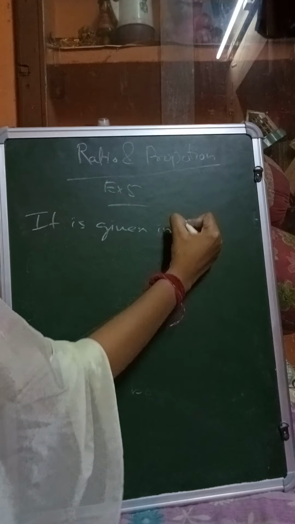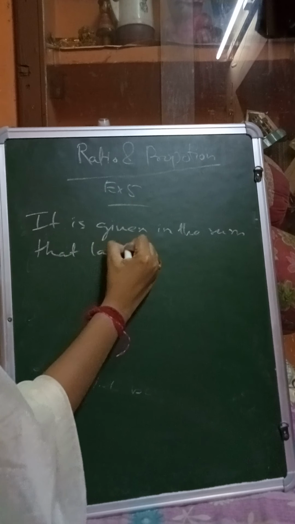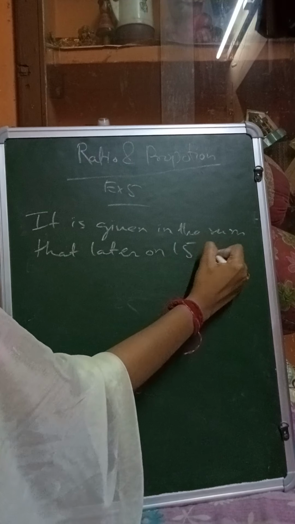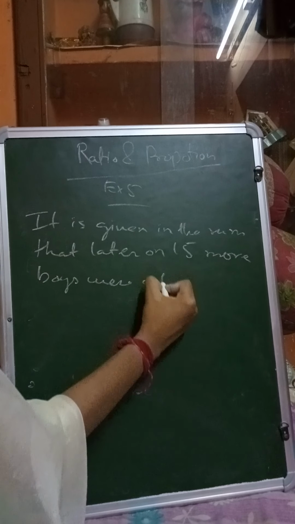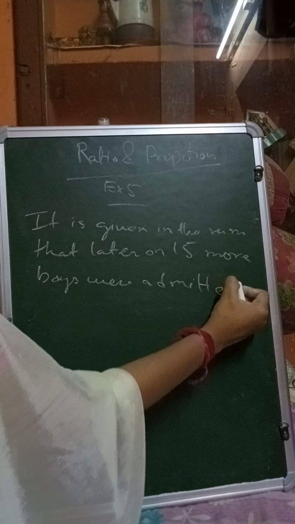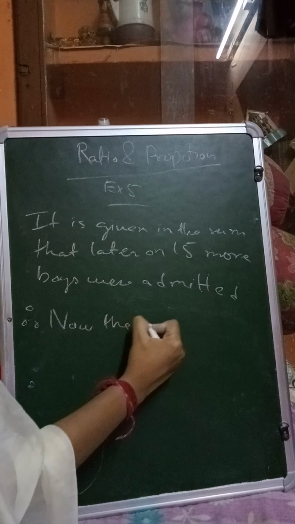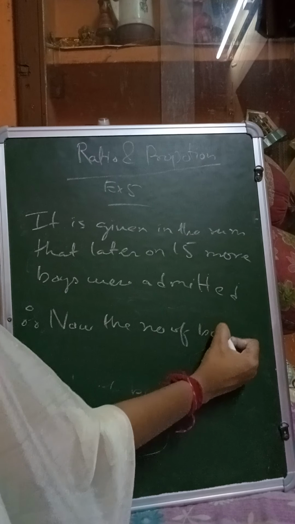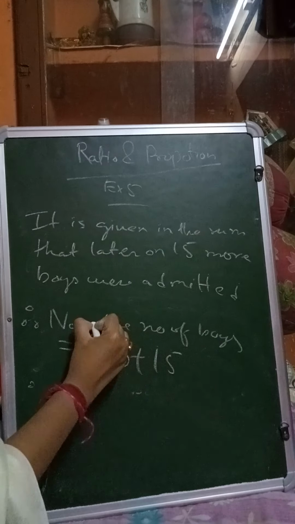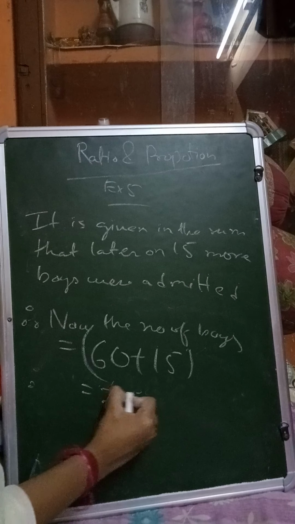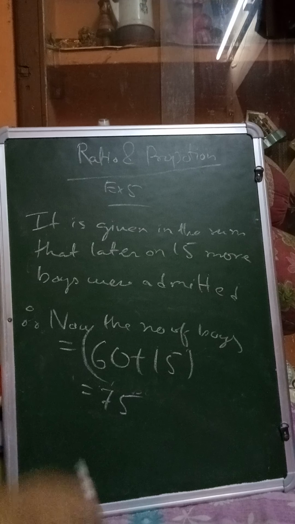So now the number of boys: initially it was 60 and 15 more were added, so it will become 75, right? The number of girls remains the same, no girls have been added.